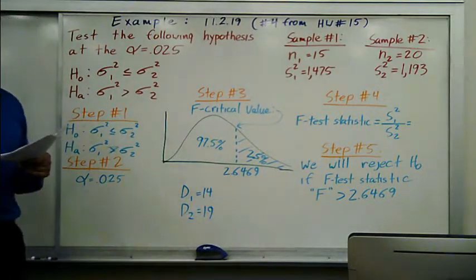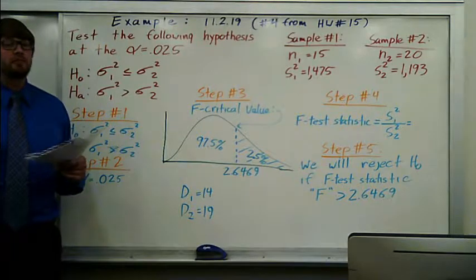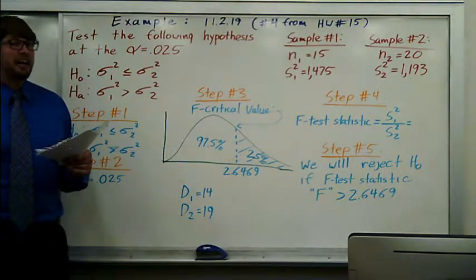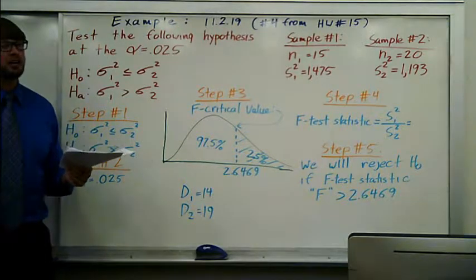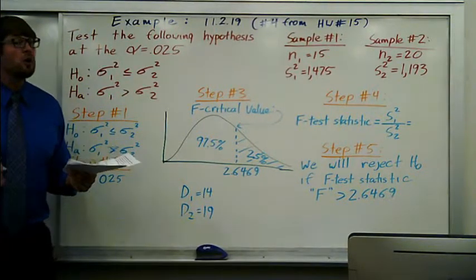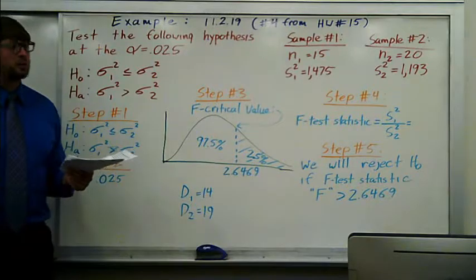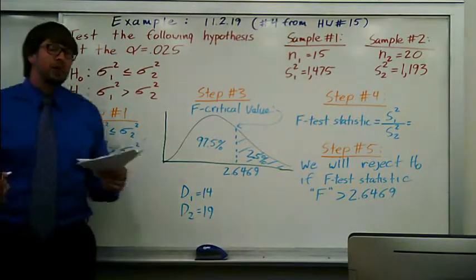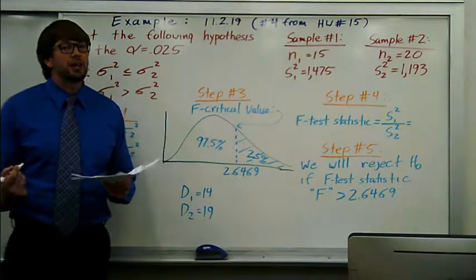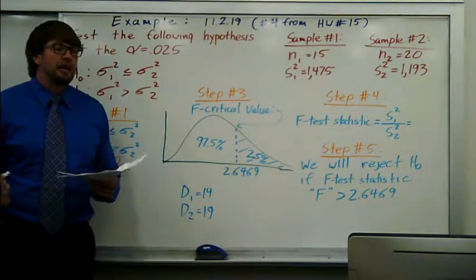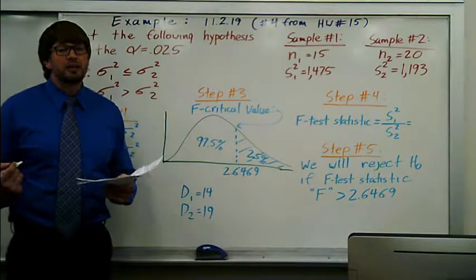Now, when we're testing two population variances, instead of having a z critical value, a t critical value, or even a chi-squared critical value, we're going to have an F critical value. The F critical values are from Appendix H, but most of the time you'll probably just need to look up F critical values online, and there's a video of me doing that too.